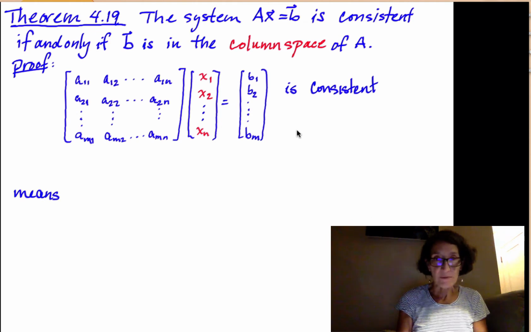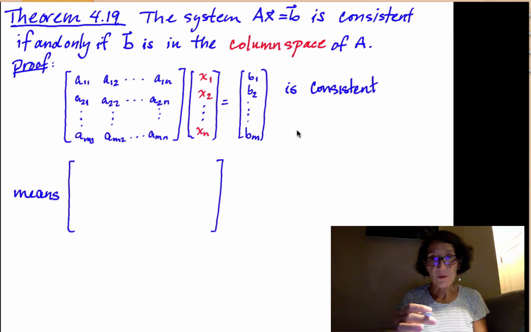When I do the multiplication on the left, when I multiply that m by n matrix times the n by 1 matrix, we get an m by 1 matrix. The entries are a11 times x1 plus a12 times x2 plus up to a1n times xn. That's the first component.